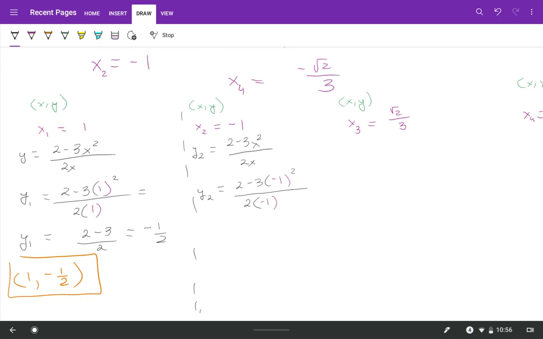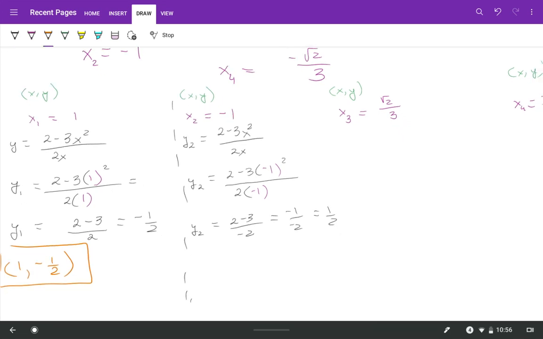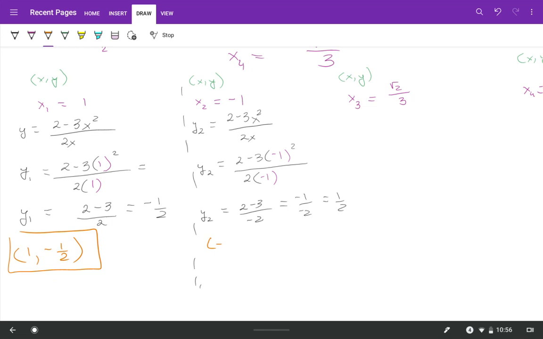And you have that y2 is equal, the same thing, 2 minus 3 divided by -2, which is -1 divided by -2, +1/2. So our second point of intersection is -1, +1/2. Okay.